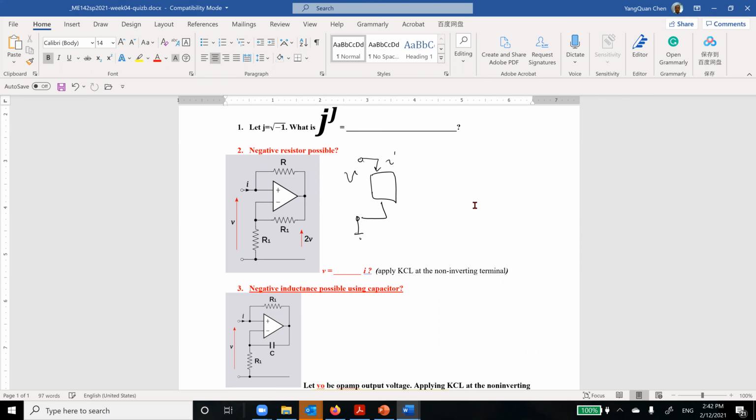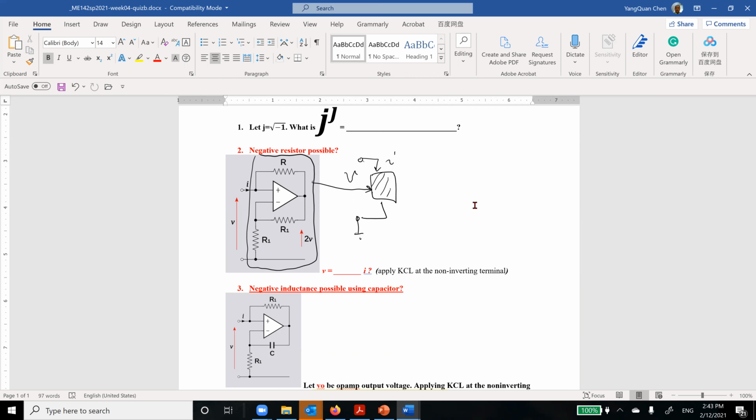So this black box is like this black box. It's a kind of artificial component. Using op-amps, you can construct something that, strangely, is a negative resistor.